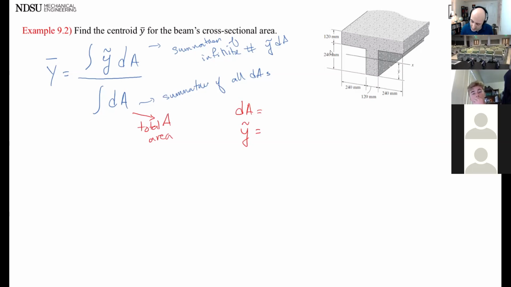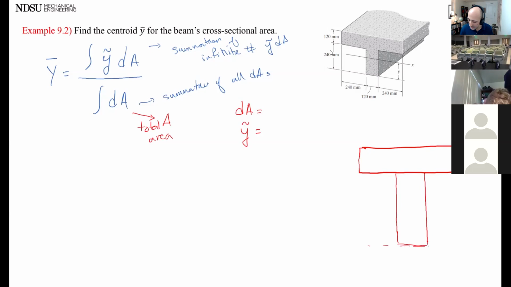I can just say this is two areas sitting like this. I'm going to call this area 1 and this area 2. Instead of an integral, now that I have a finite number, what else can I use?